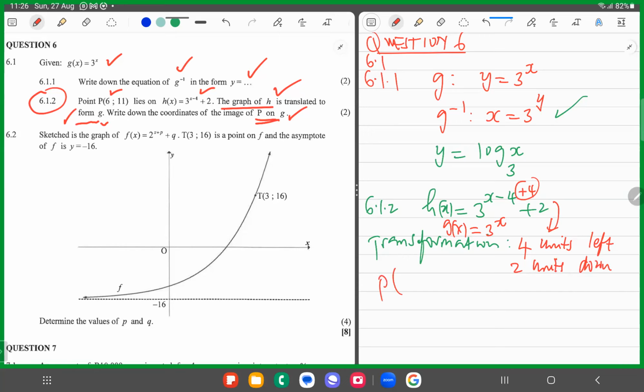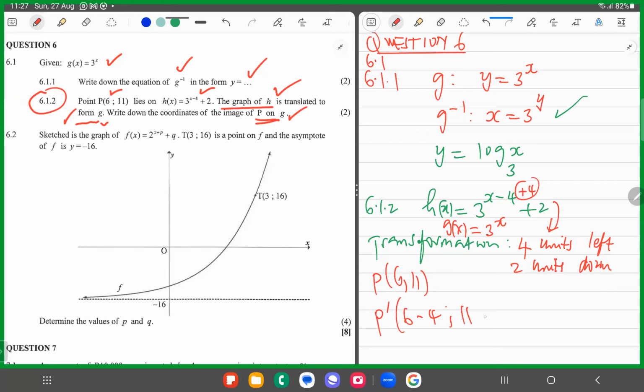Which means P will have coordinates 2 and what? Right, so in other words, we'll have the following. Okay, let me write it properly. You're going to have P with coordinates 6, 11. P primed is going to be 4 units left, so exactly 6 minus 4.